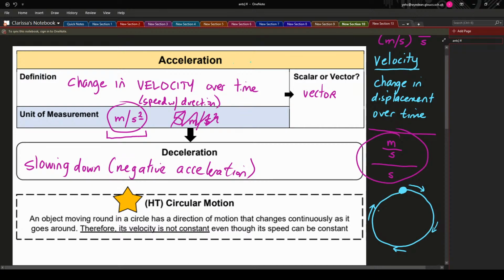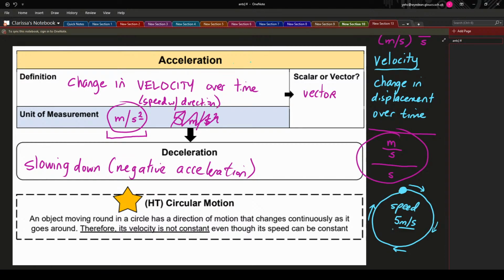So this is just a quick point to note the difference between scalar and vector. In the case of the speed, if this was just moving at the same speed, that is entirely possible. Let's say it's moving at the same speed of 5 meters per second, and it could do that the whole way through. But even if it's moving at the same speed, because it's constantly changing direction, it's not going to be moving at the same velocity the whole time.